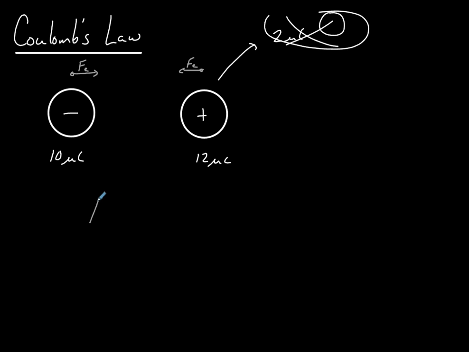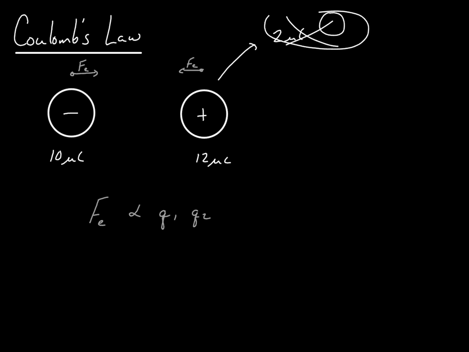Okay, the force is proportional to the charges that we have. Call that Q1 and Q2. All right, so as we increase these charges, that force increases directly proportionally to them.